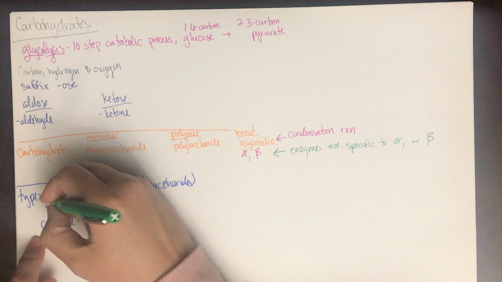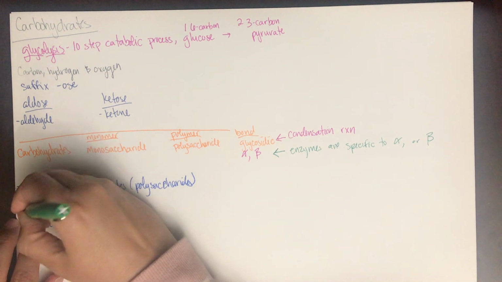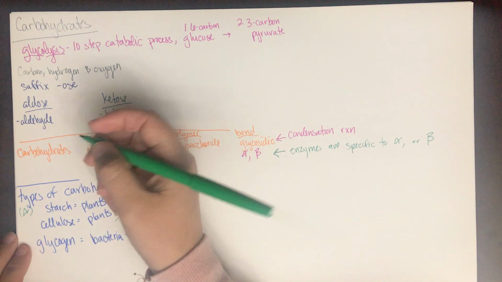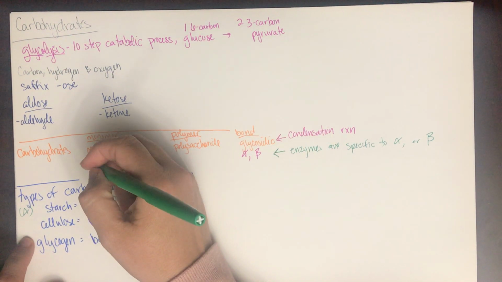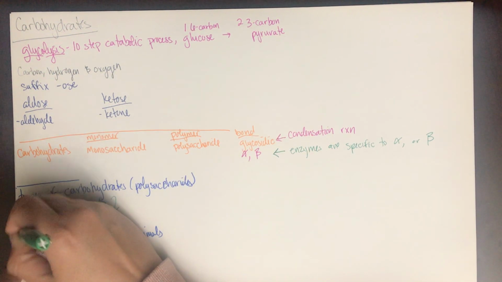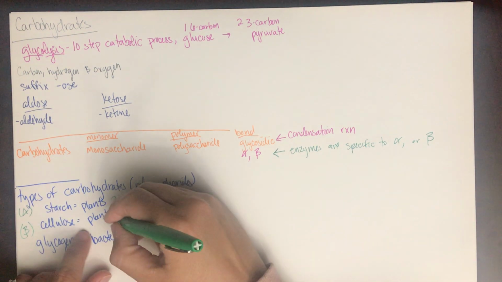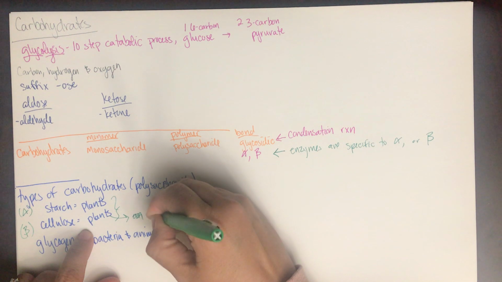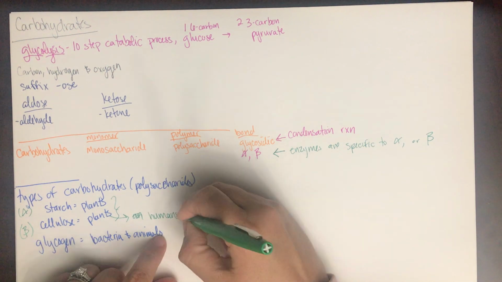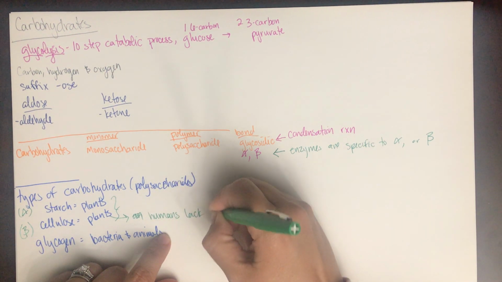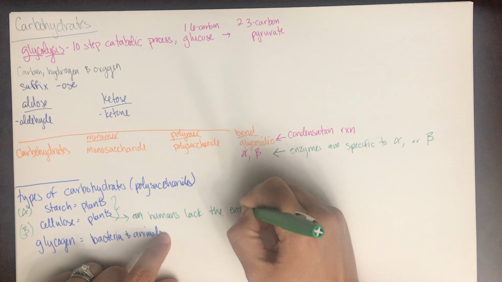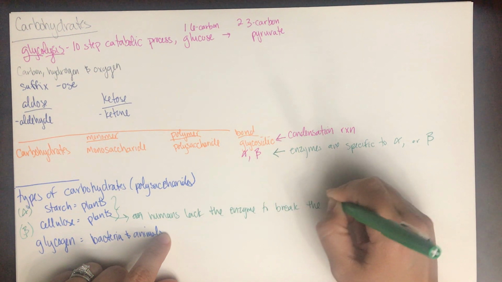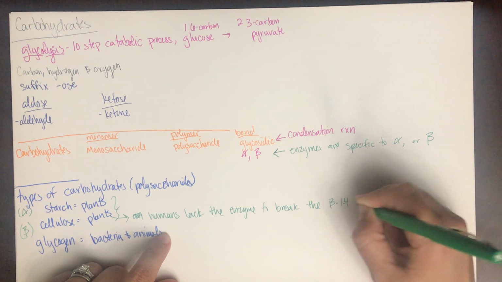Starch uses an alpha linkage, alpha 1,4 or alpha 1,6. Cellulose, when it is stored, uses a beta 1,4. So animals, I'll just say humans, not all animals, lack the enzyme to break the beta 1,4 linkage.